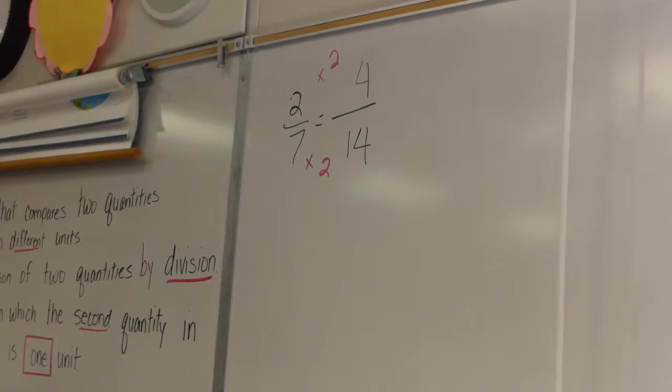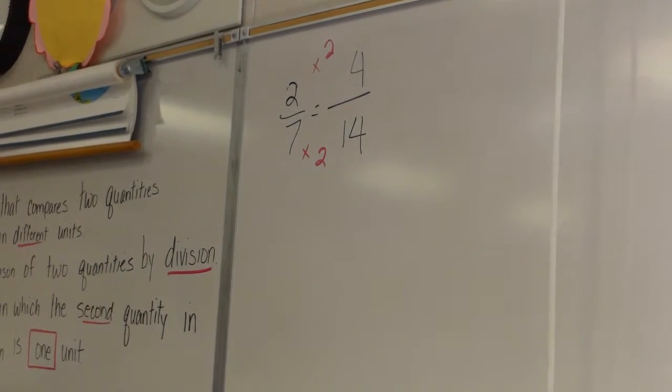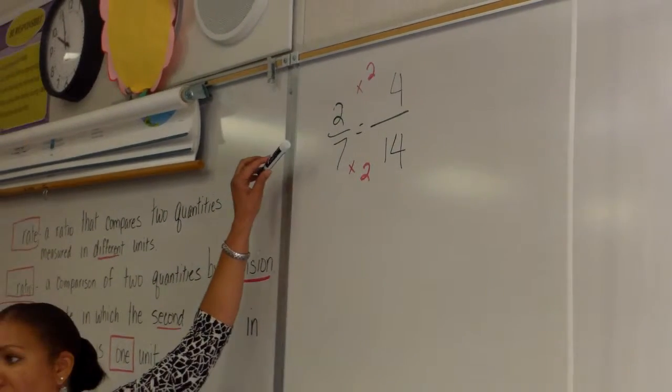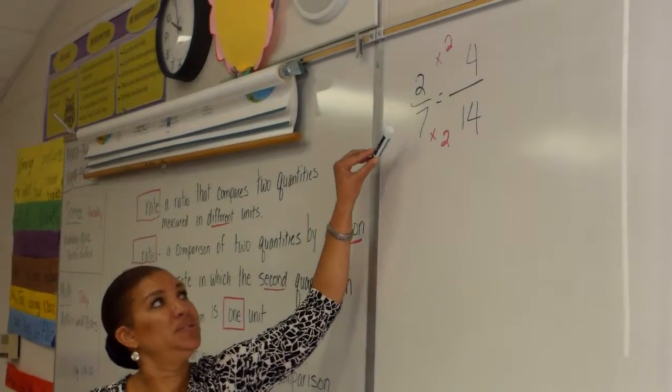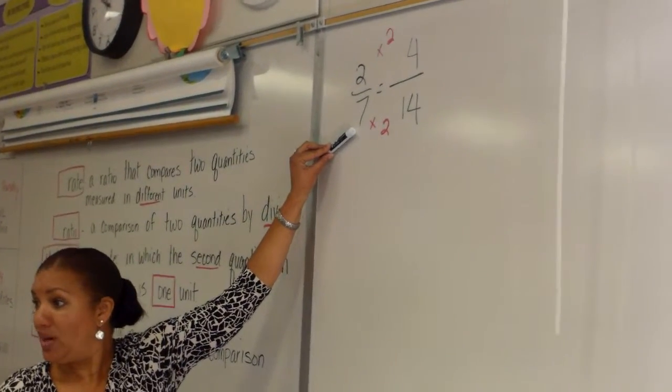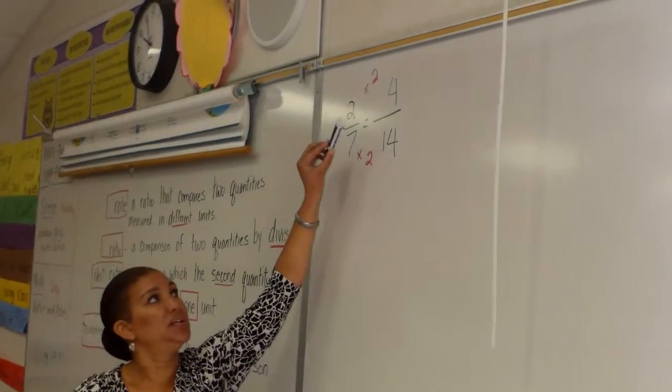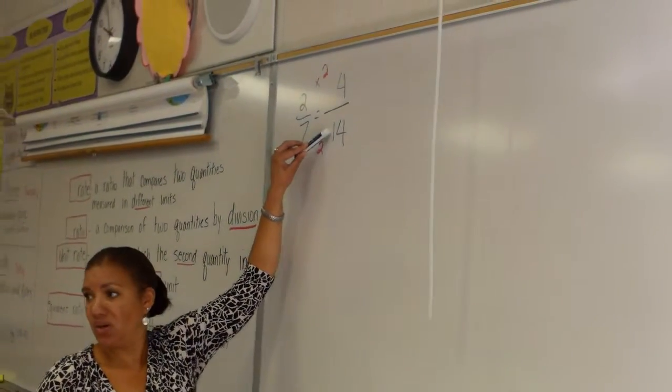So my equivalent ratio of boys to girls, my equivalent ratio of 2 to 7, is equivalent to the ratio 4 to 14.